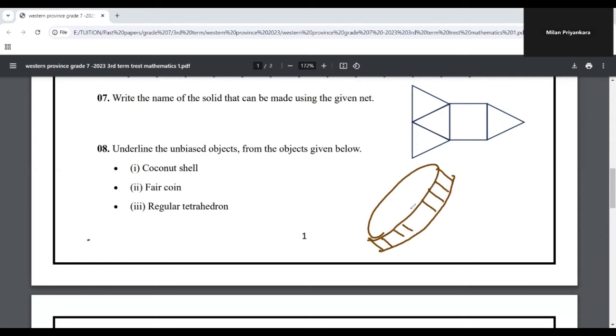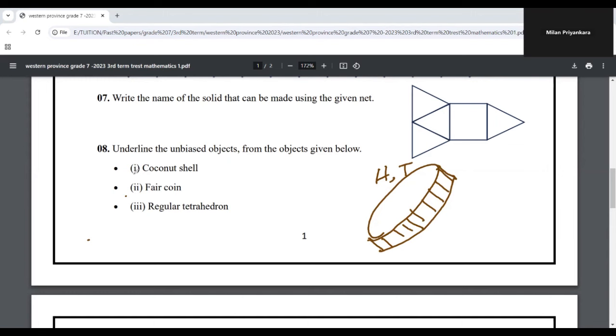So if you take head or tail, if this is a fair coin, there is no special chance for head or tail, right? They both have equal chances. If every outcome has equal likelihood of happening, you can say that this object is unbiased, right? So if it is unbiased, it is fair, right?